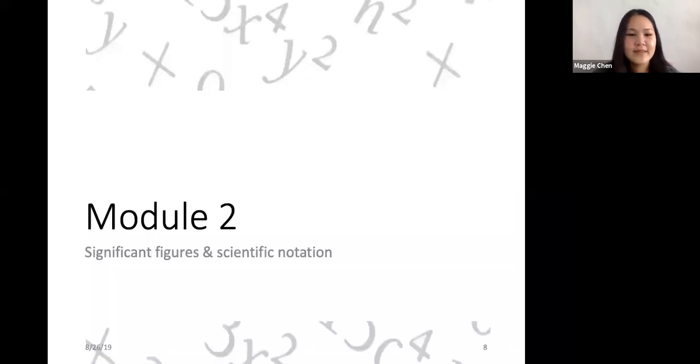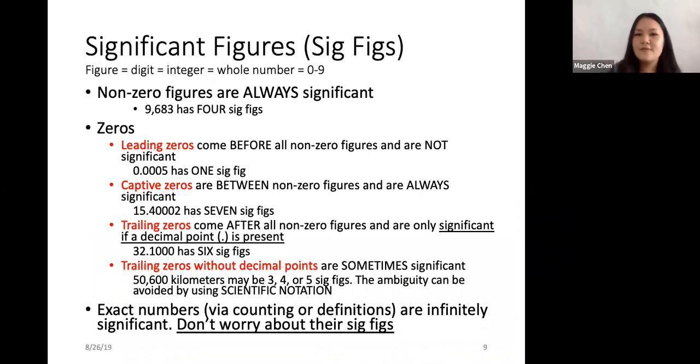Okay. Moving on to scientific notation and significant figures. Significant figures, what are they? If we're looking at a word problem or the situation that we're trying to analyze or do a calculation for, we want to know what figures or which numbers are important or significant for us.